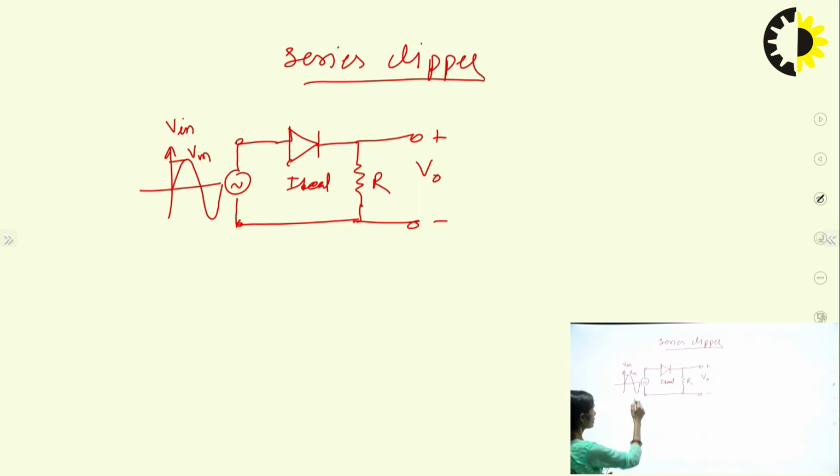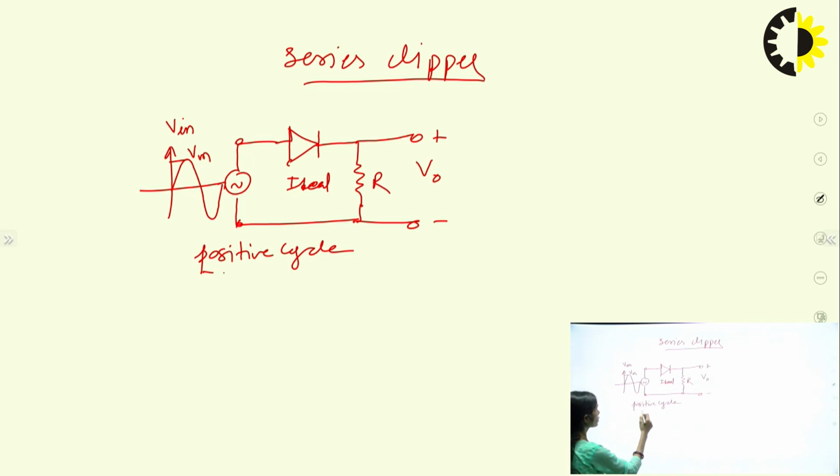So, for the AC input signal, we call this AC analysis. By AC analysis we can find the output here. First we are going to divide the analysis into two parts, positive cycle and negative cycle. For the positive cycle of the signal, first we check whether the diode will be forward bias or reverse bias.